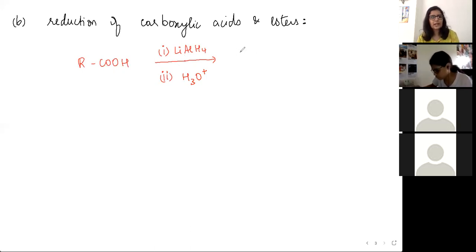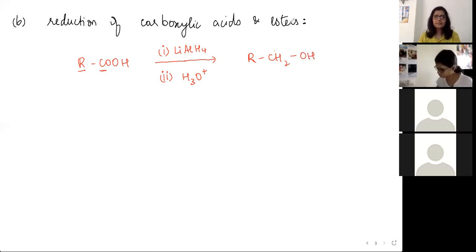So what type of alcohol would you predict from a carboxylic acid? Primary, because again, that is also the end of the chain. Same thing as aldehyde. So you have the R, the C will turn into CH2, and then you have the OH.